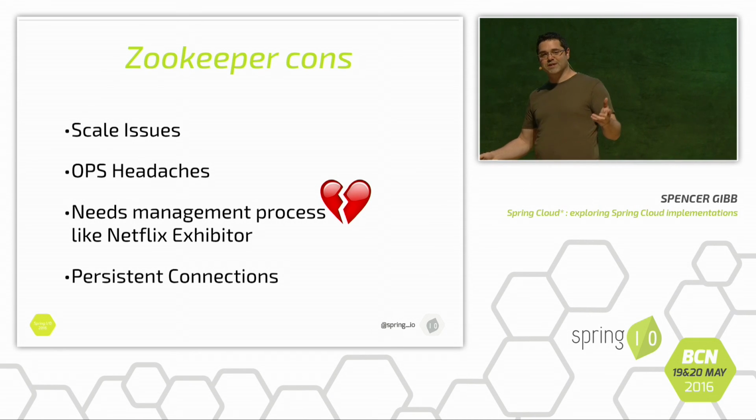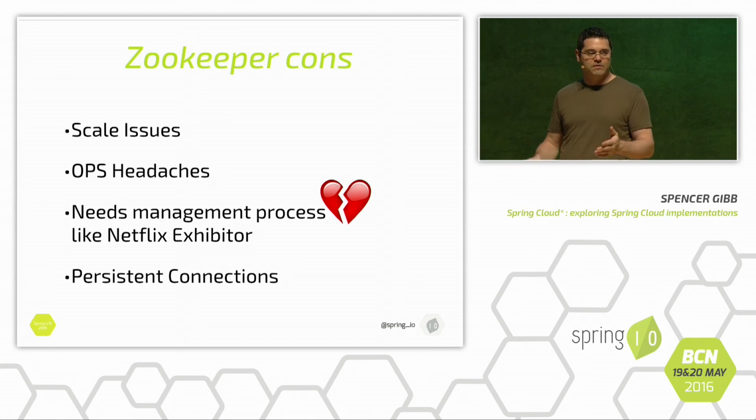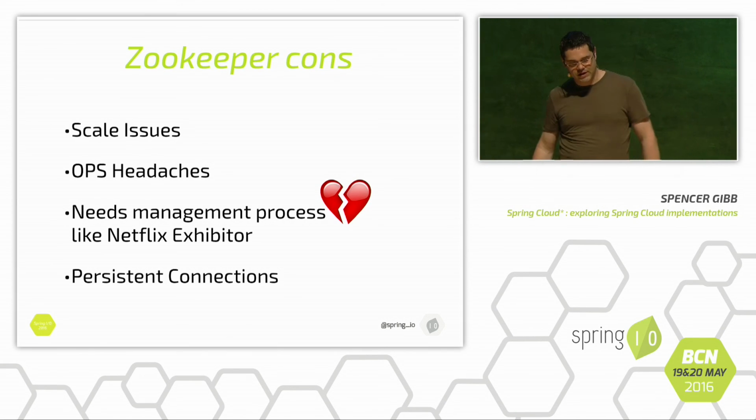And again, those persistent connections, right? You can't have unlimited persistent connections, so that could be a problem too. And we have support in Spring Cloud for Zookeeper, both as configuration and discovery, very similar to Eureka and Config Server and Consul, like I just showed you.